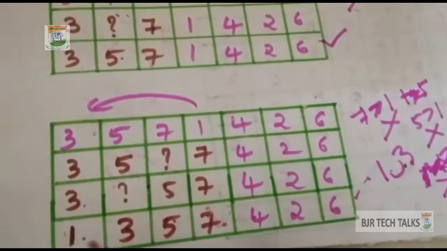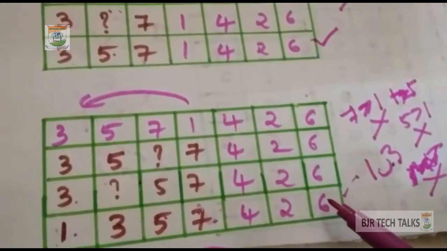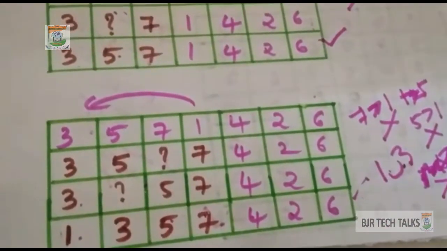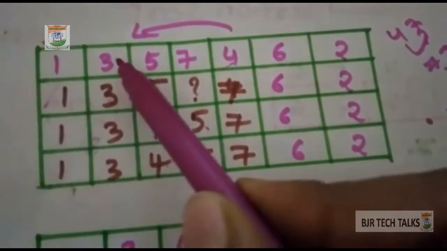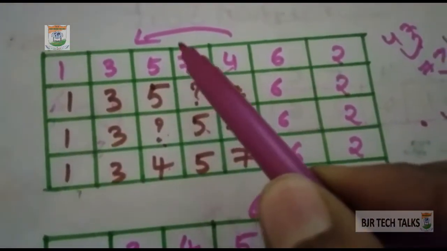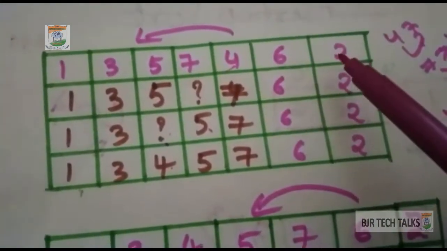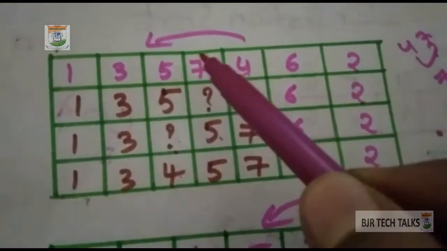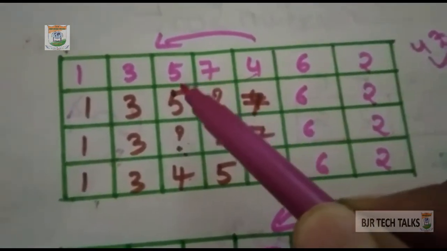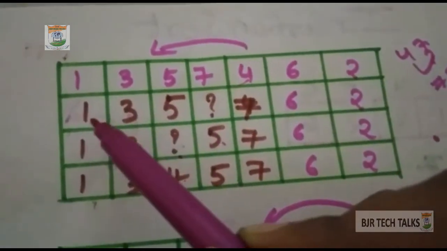Using this answer of the third iteration, we will do the fourth iteration in the same process. Here is the fourth iteration: 1, 3, 5, 7, 4, 2, 6. Here I am comparing the fifth element with its previous 4 elements, that is 7, 5, 3 and 1.